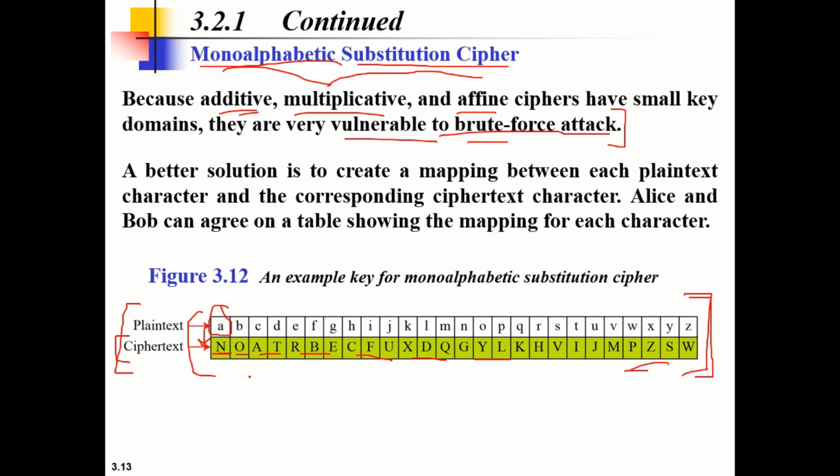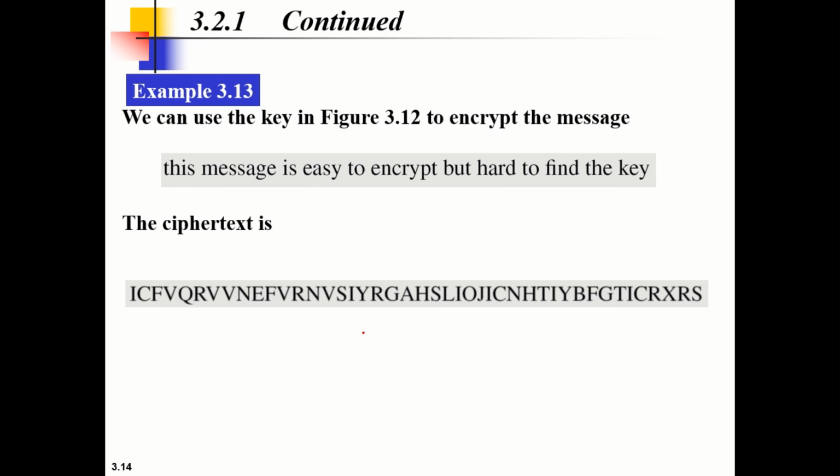They both will have a copy, and then the message will be sent after encryption, and at the receiving end, the receiver will use the same table for decrypting the message. As an example, if this is the message to be encrypted, then the corresponding cipher text we get is this one.